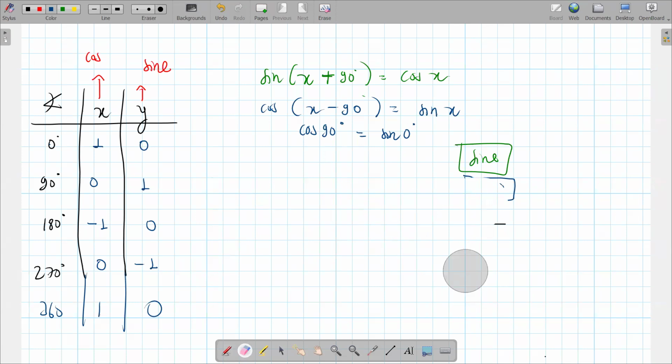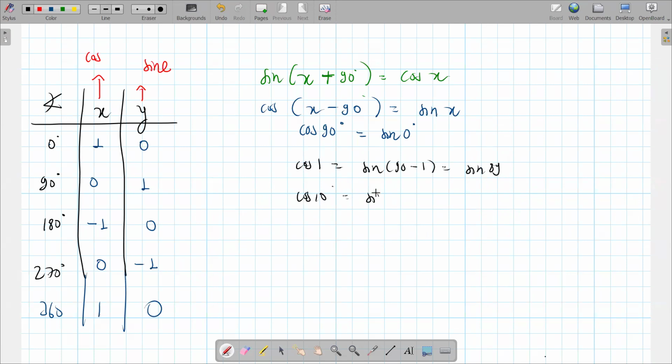Because the only difference between those two is a horizontal shift. Here's how they're related. Cosine of 1 is sine of 90 minus 1, 89. Cosine of 10 is sine of 80. Those two angles need to add up to 90. Same thing from the other side. Sine of 10 is cosine of 80.